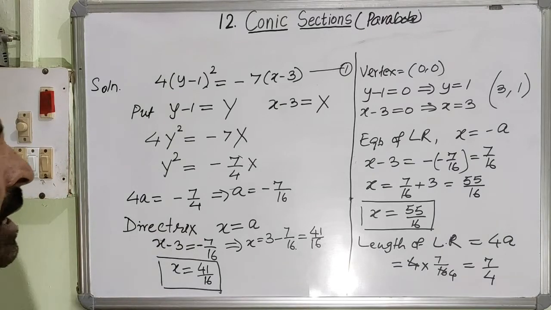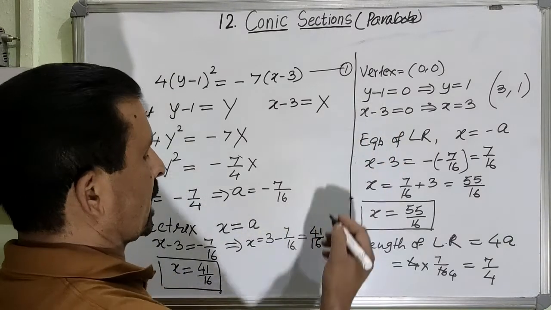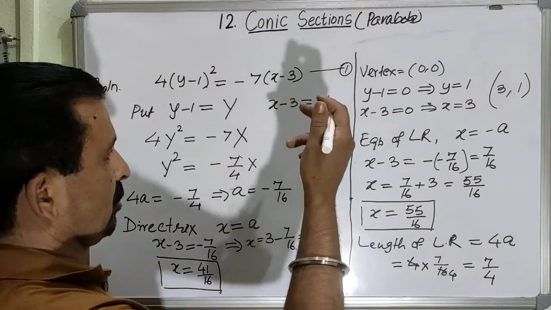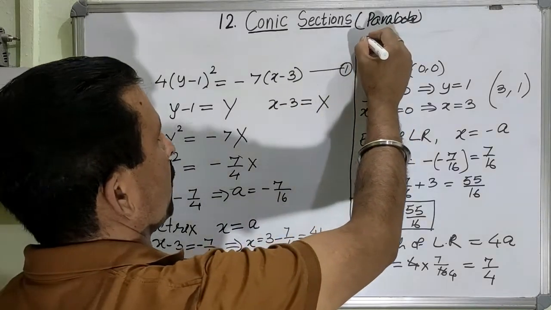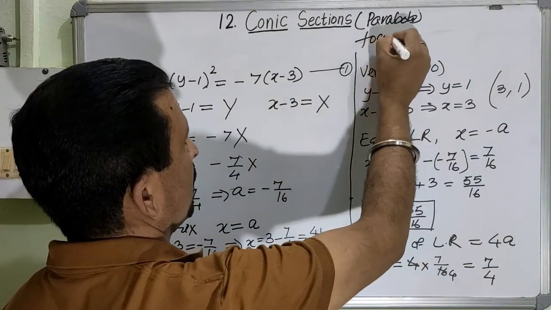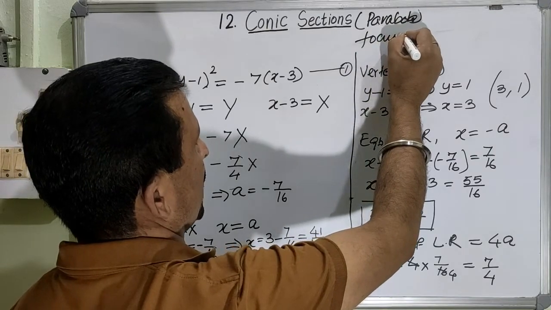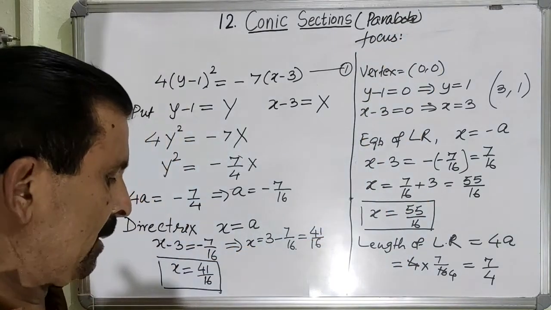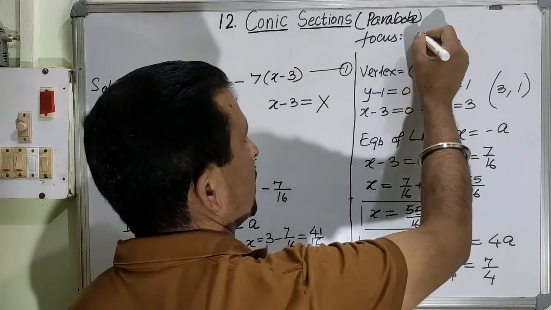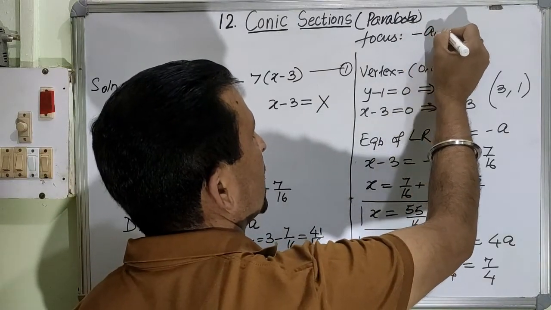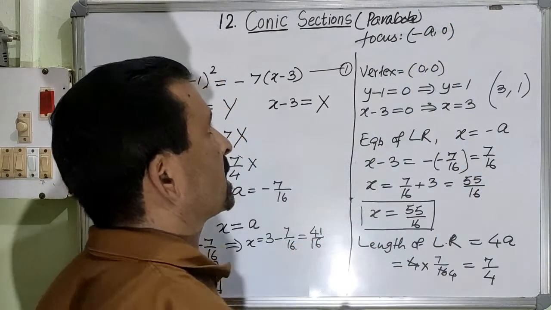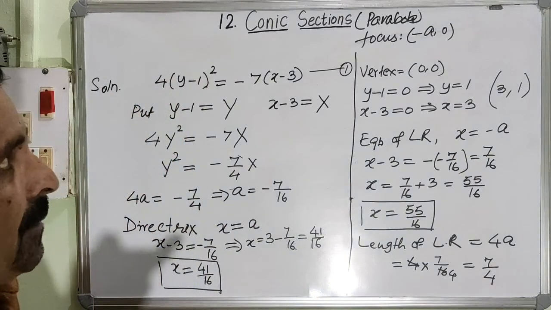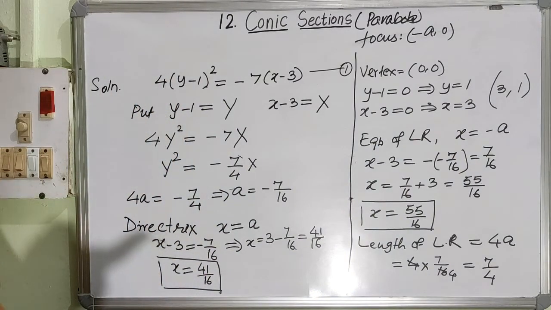Now, here one more thing I would like to tell you is we don't have space. Maybe I will delete the question and then I will show you the focus for the left hand parabola, which is minus a and then 0. If you look at the table, the focus is given as minus a and then 0.